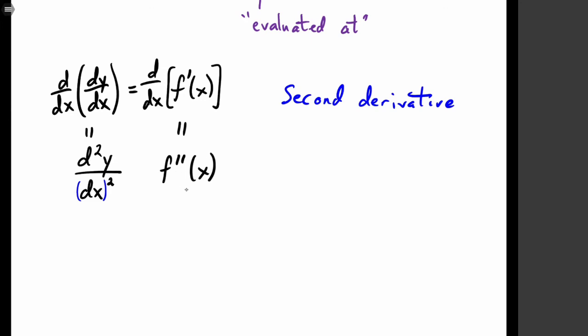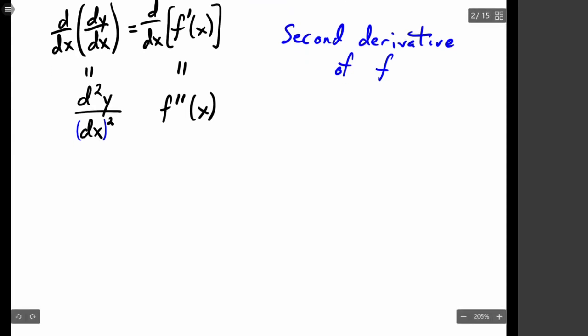This one here, we'll read as d squared y dx squared. This one over here, instead of saying f prime prime, you can, there's nothing wrong with that, but we normally say f double prime. And this is the second derivative of f. So it's probably no surprise to you at this point that we could do a third derivative by just taking an additional derivative.